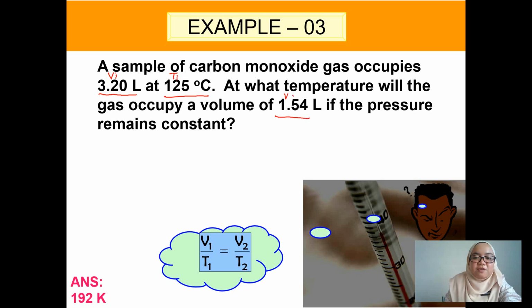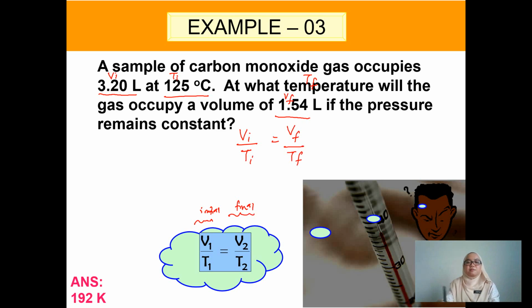This is the final volume, if the pressure remains constant. So they want the final temperature. So V1 over T1 is equal to V2 over T2, where this side is the initial and this side is the final.